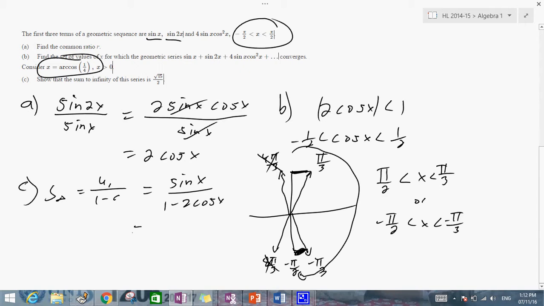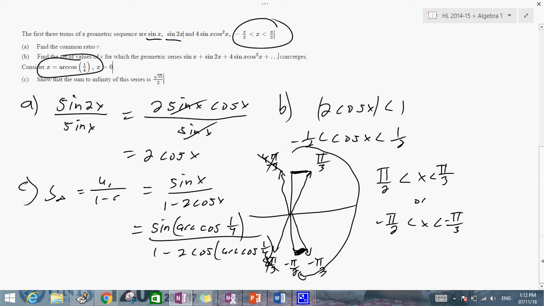So this is equal to sine of arc cosine of 1/4 divided by 1 minus 2 times cosine of arc cosine of 1/4.